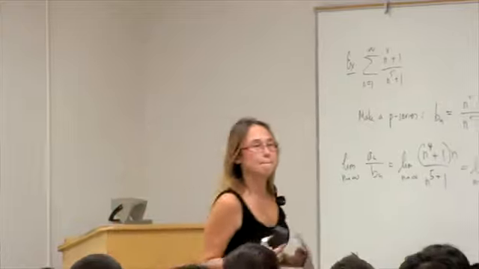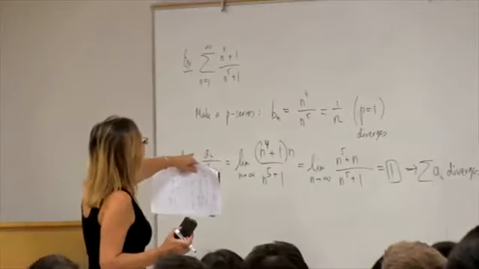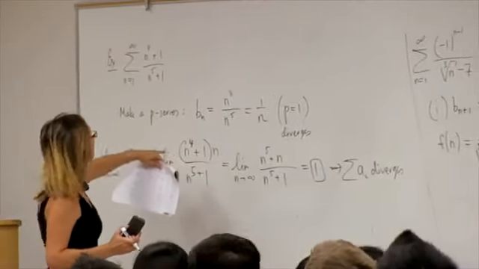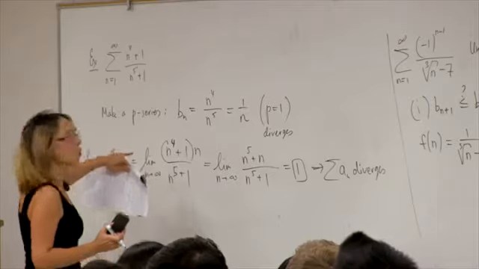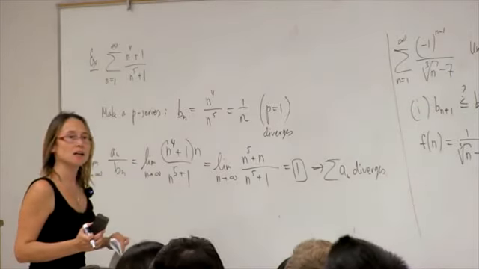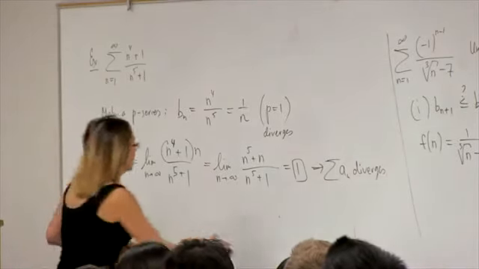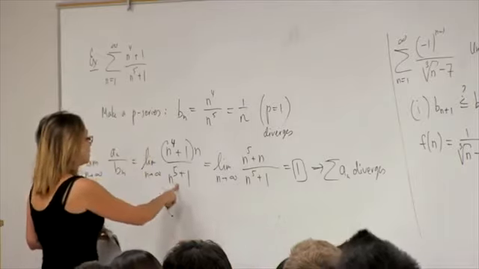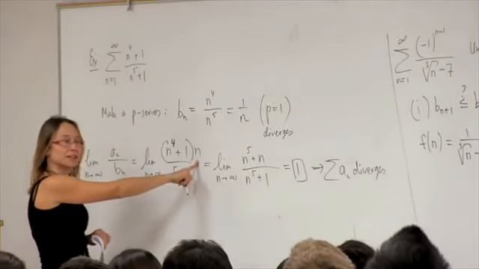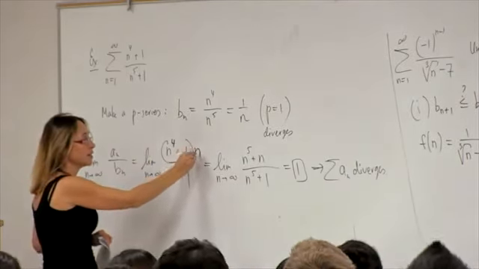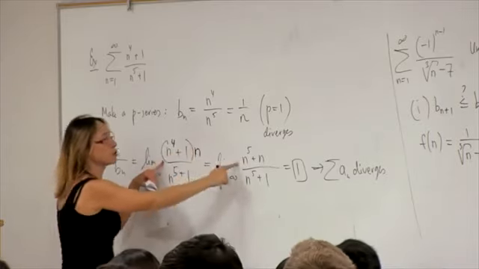Yes. With that example, why can't you compare n to the 4th and n to the 5th? Yeah, because since n to the 5th is larger than n to the 4th, wouldn't it converge? Oh, I have an n here, so I have to bring it together like this.